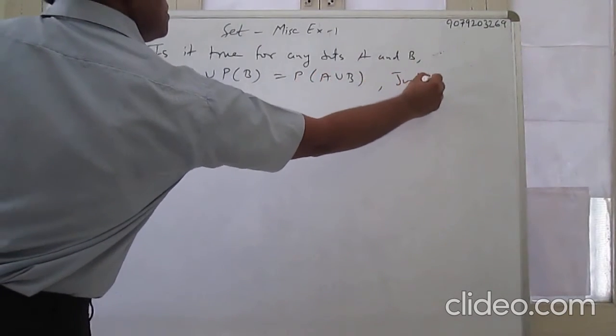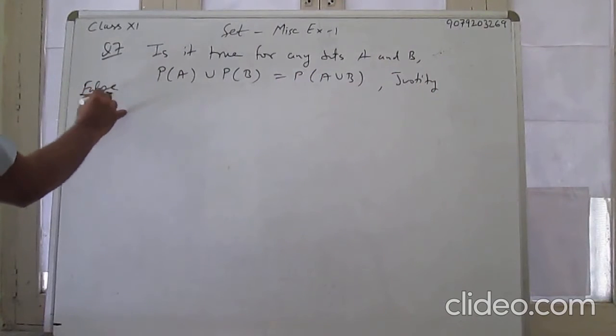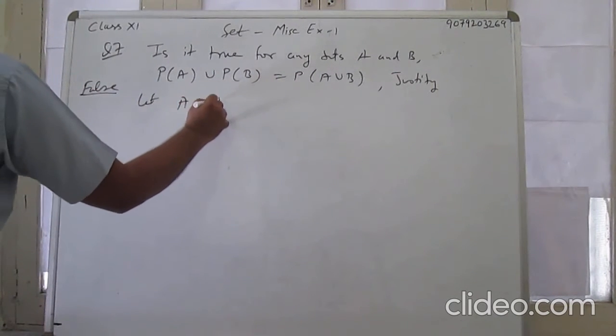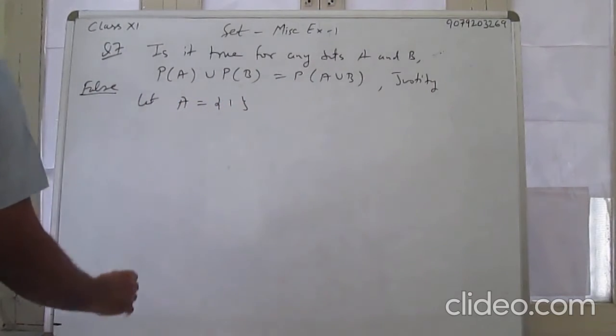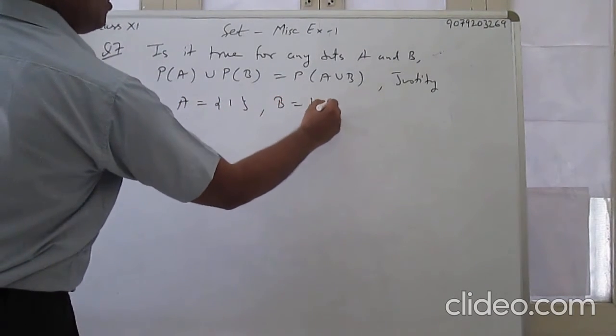Justify. So is it true, is it false? Prove it. Let us take set A as {1}, and set B you can take {2}.